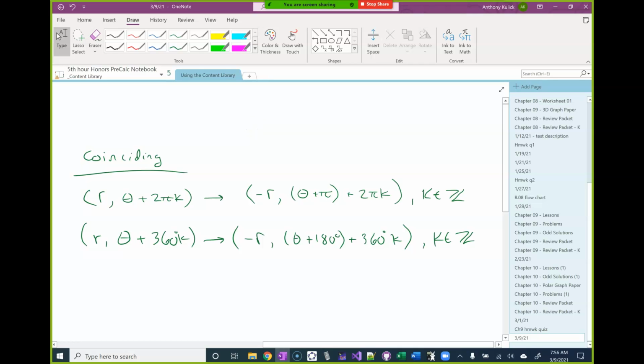So that's a way to find a coinciding point, or to check if 2 points are coinciding. You can use that generalization there.